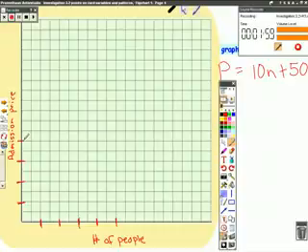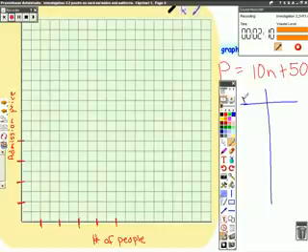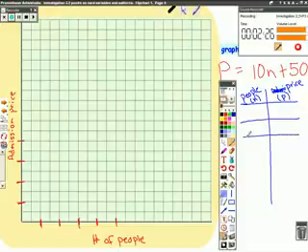Now, we have a problem because I don't have any data. So what I ideally want to do is make a table where I have people, or my N, and price, which is P. Now here's the funny thing.